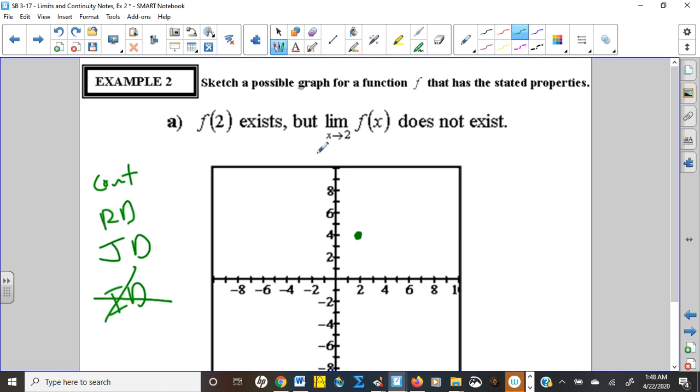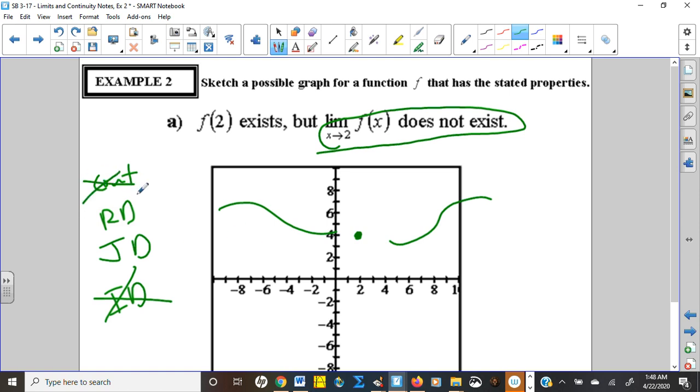Now, the second clue is going to help you along the way. The limit does not exist. Well, if the limit does not exist, could it be continuous? Remember, the first condition of continuity is that the limit does exist because we have to be moving towards the same location. That's not happening. It can't be continuous. Okay. Does the limit exist for removable discontinuities? Yes, it does.